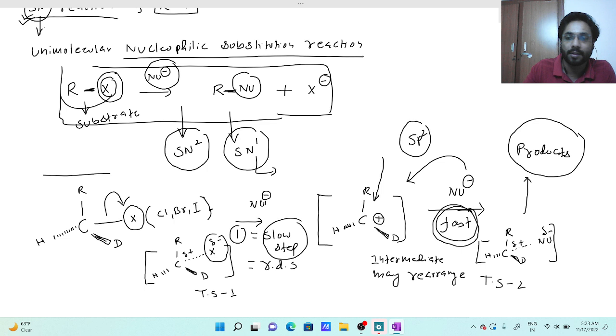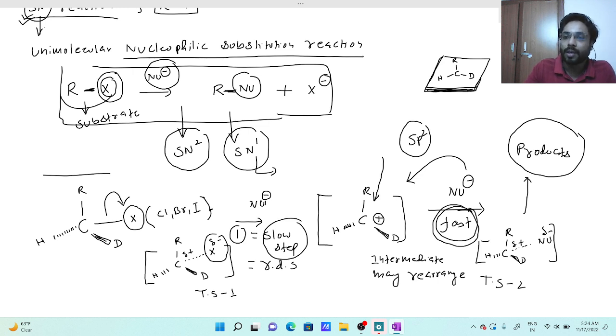So simply we can represent it like, let's say this is the plane. Okay, this is the plane. I am representing it so this is coming towards us. Fine. Are you able to visualize it? So this is the carbon and this is your alkyl group. This is hydrogen and this is deuterium.